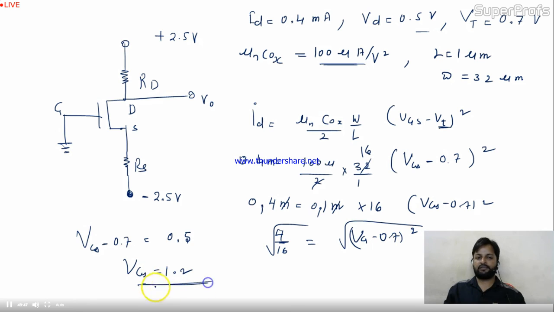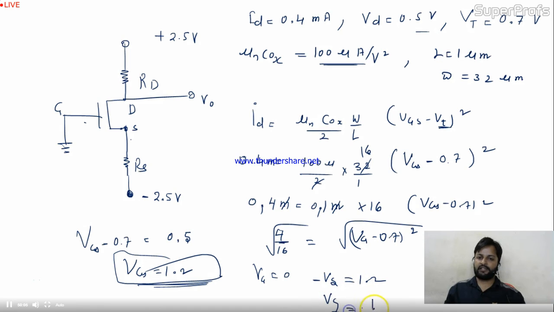Now VGS is 1.2, meaning between the gate and the source you have 1.2. If you remember, VG is 0, so minus VS is 1.2, so VS is minus 1.2. So the voltage at this point is minus 1.2 volt. Now you need to calculate RS. Let me erase some part. Wait.